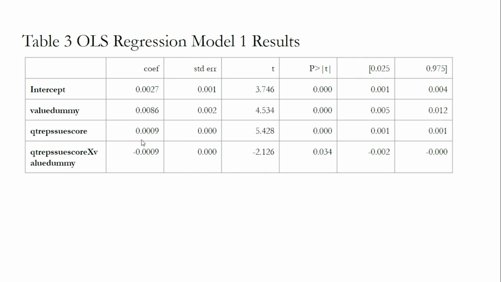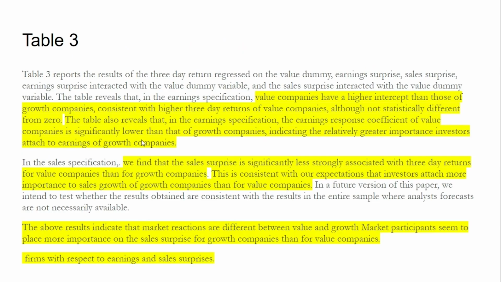And so basically, this is saying that value companies are less responsive to earnings beats than growth companies. And by the way, if you have questions about interaction terms, you can go back and watch our video on how to interpret an interaction term.